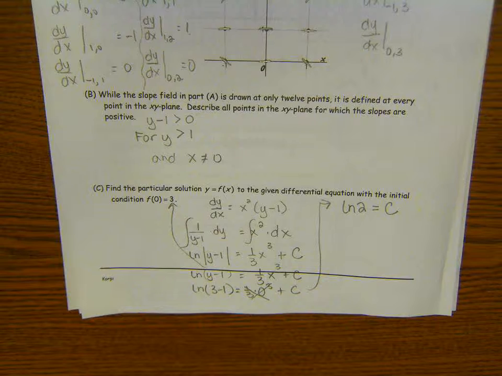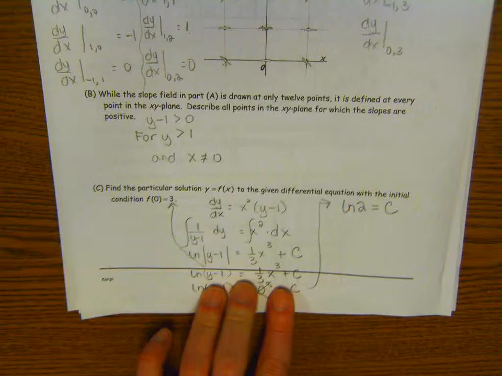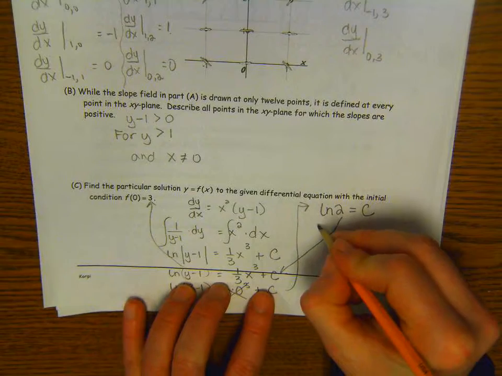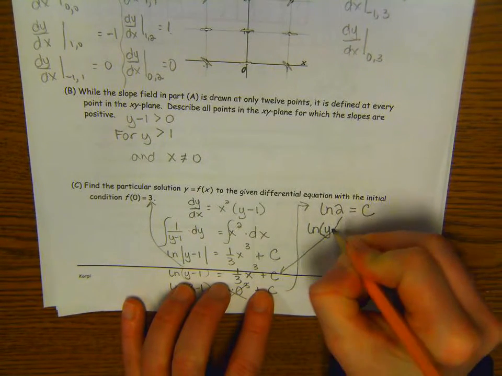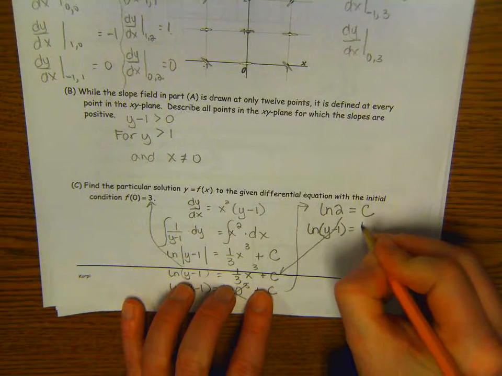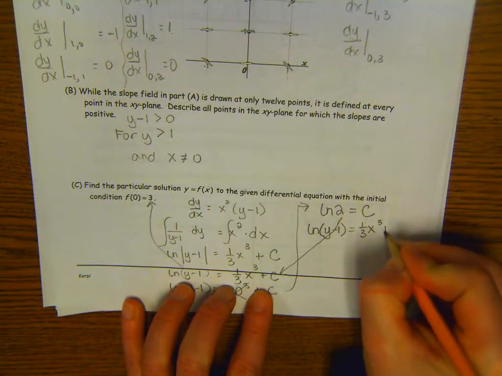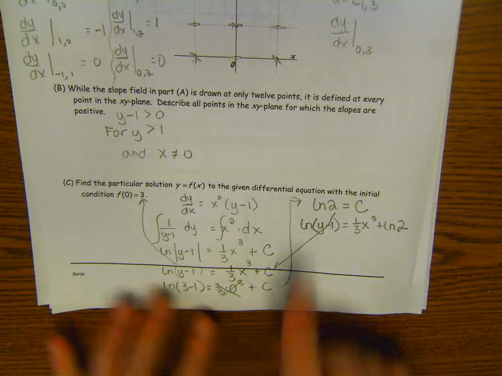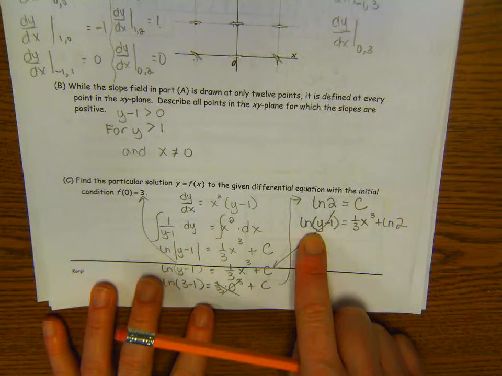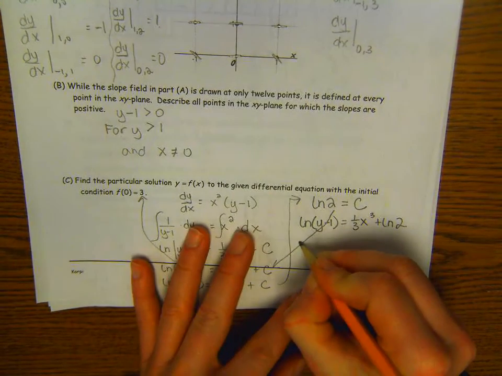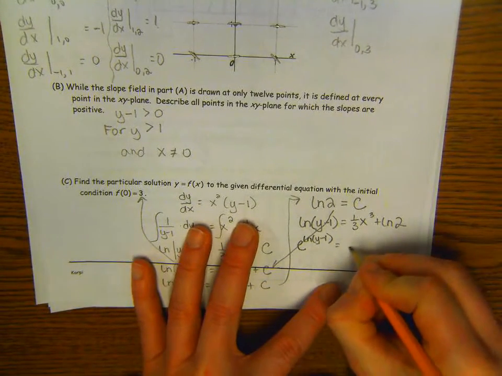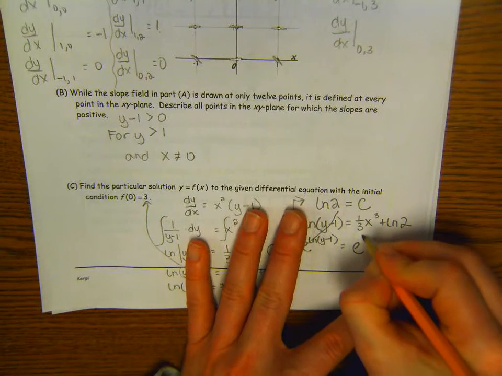All right. So now we're going to go back and put that natural log of 2 in and write our equation for y. I'm going to rewrite natural log of y minus 1 equals 1/3 x cubed plus natural log of 2. Do you remember what we did in that first example to get rid of this natural log? Yep. So we're going to do e to the natural log of y minus 1 over here, and e to the x cubed over 3.